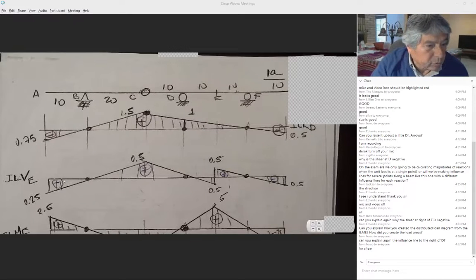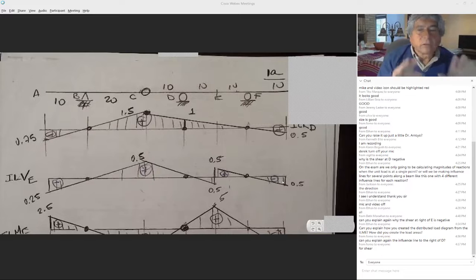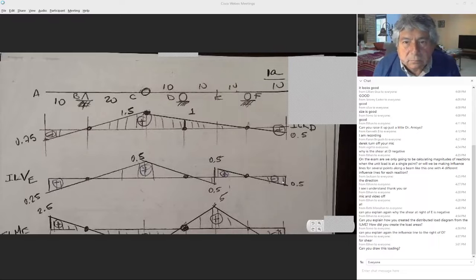Only load this portion with a live load, and this portion, and this portion. So the influence line tells you exactly where to place the load. Okay, I'm gonna draw the loading for this.